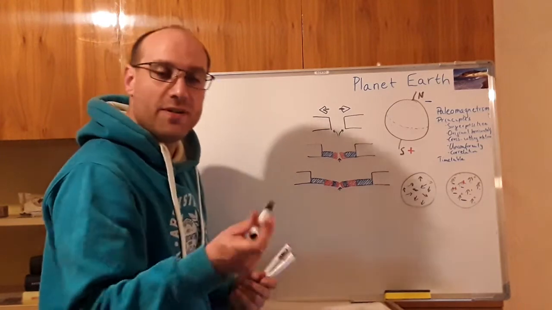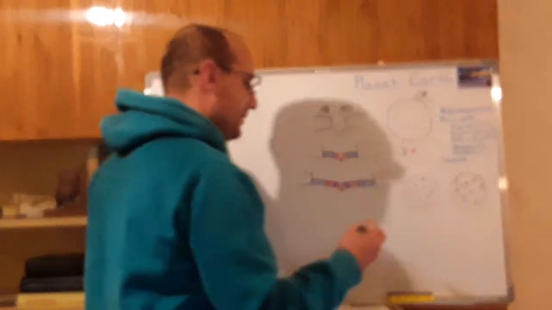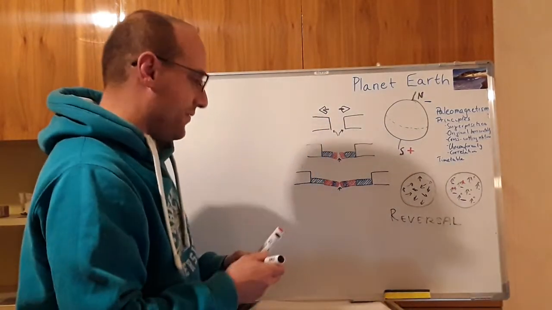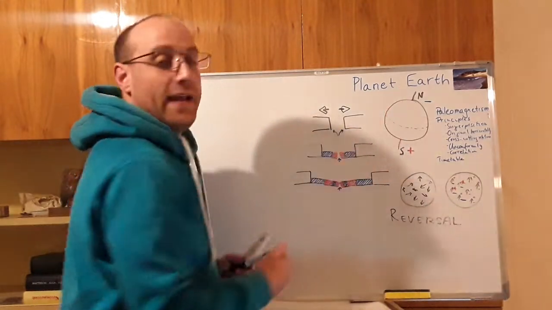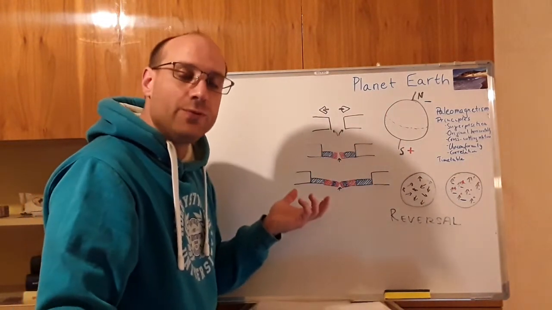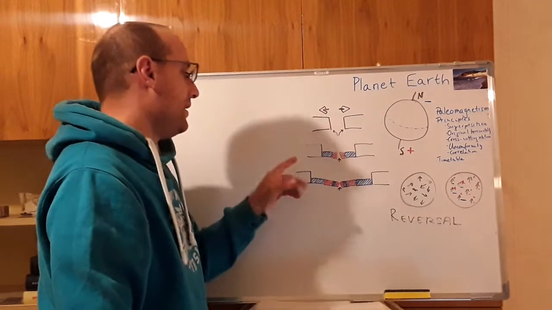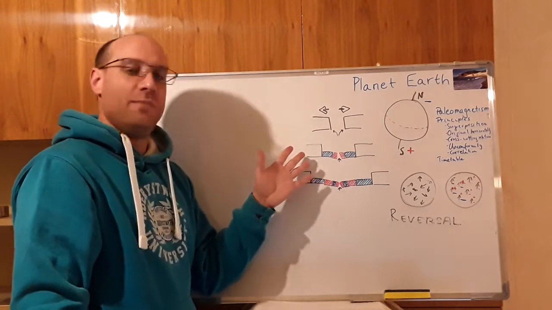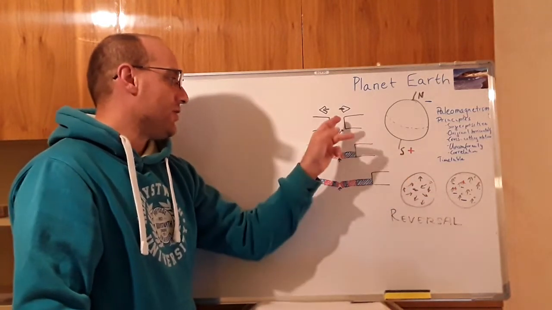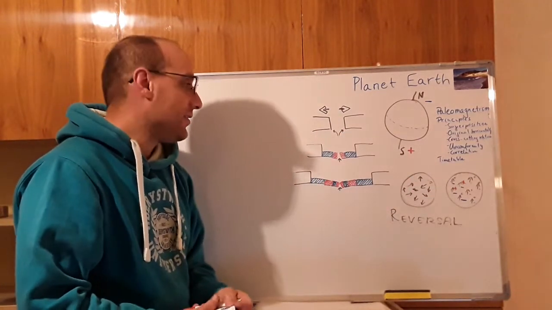That's the important thing, that we have this magnetic reversal, a reversal of the magnetic poles that happens from time to time. Also the strength of the magnetic field will be changing from time to time.